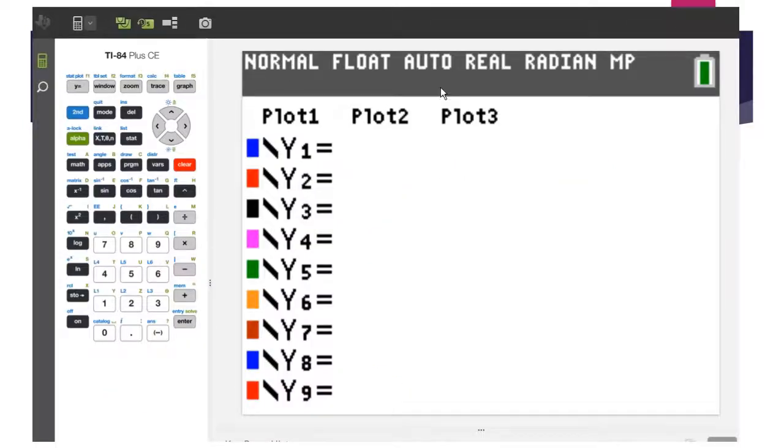Let's sketch this function. To sketch this function, I'm going to graph it in the calculator. So I'm going to put y equals, my function is (x minus 3) times (x plus 4) times (x minus 1).